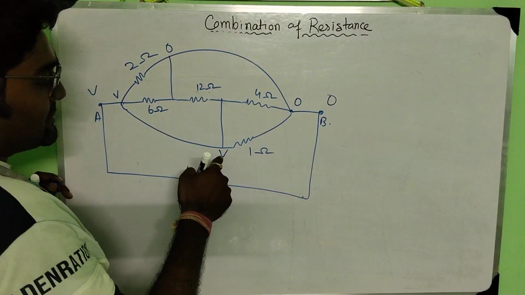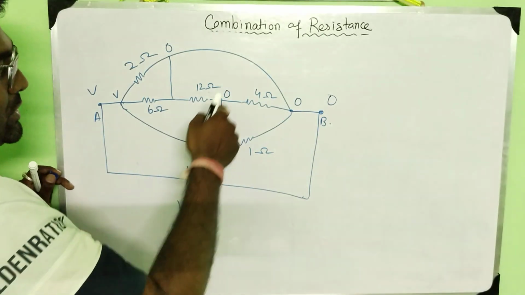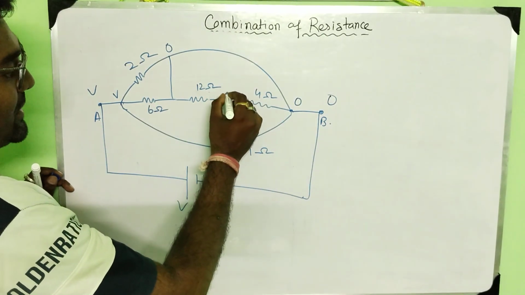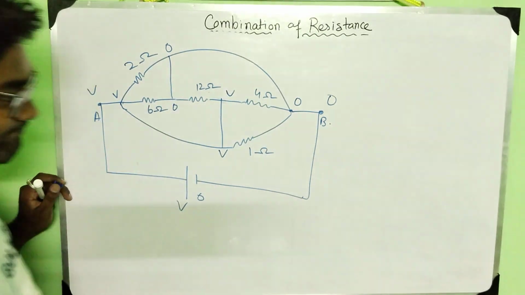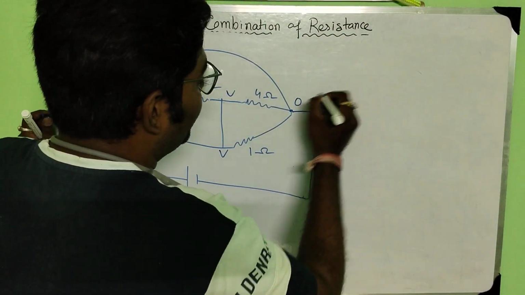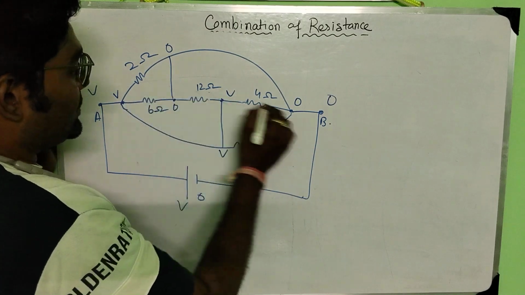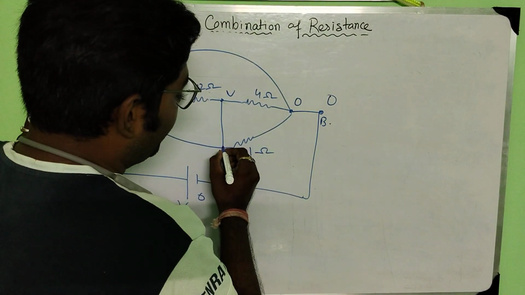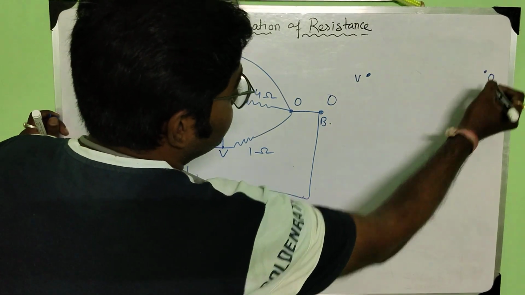This branch has no circuit element, this is V, and there is no circuit element in this branch, this is 0. So every terminal we get is either V or 0.